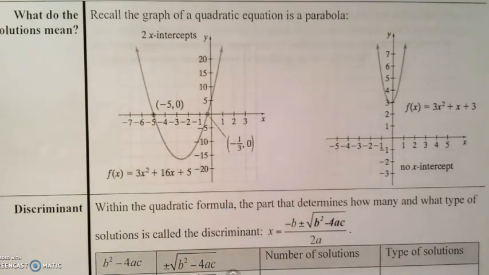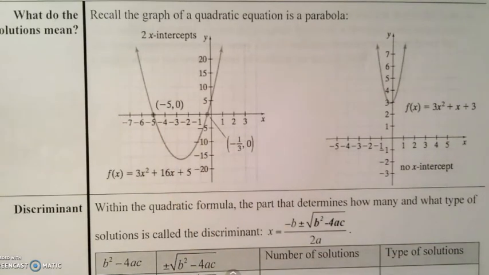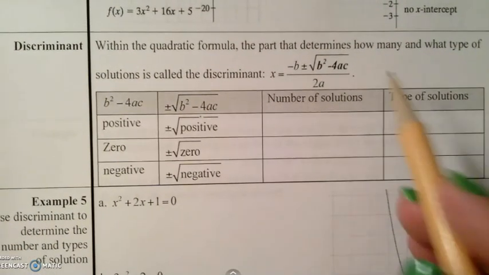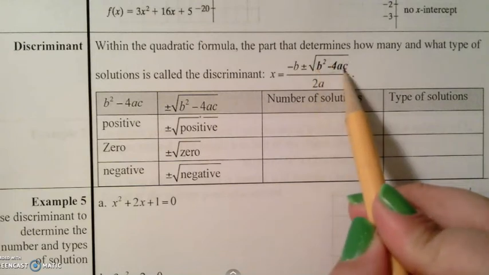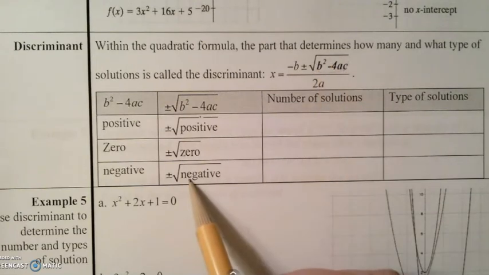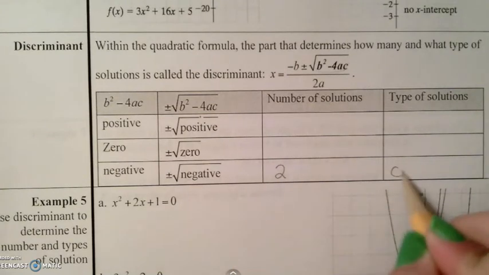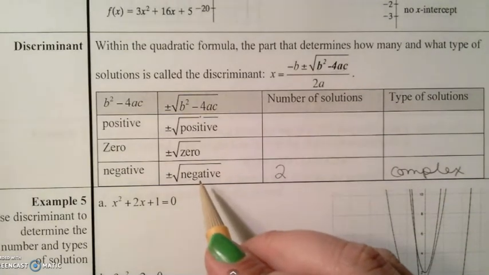Now, how many solutions will we have and what type of numbers will they be? Well, remember in the quadratic formula, we had that radical, and the radical is what determines how many solutions we will have and what type of solutions they will be. When the radicand was negative, we had two complex solutions because we had plus or minus something with an i.